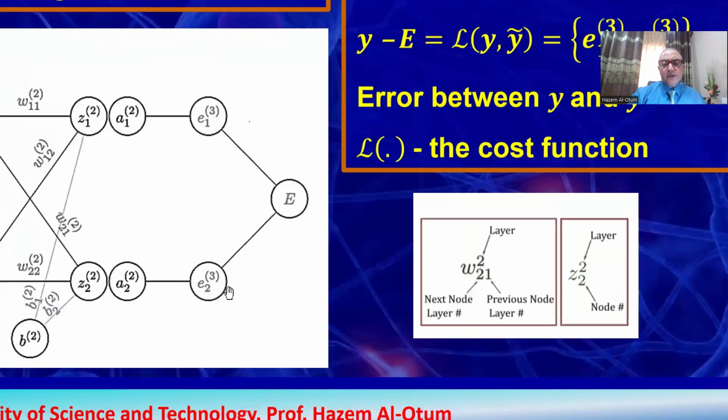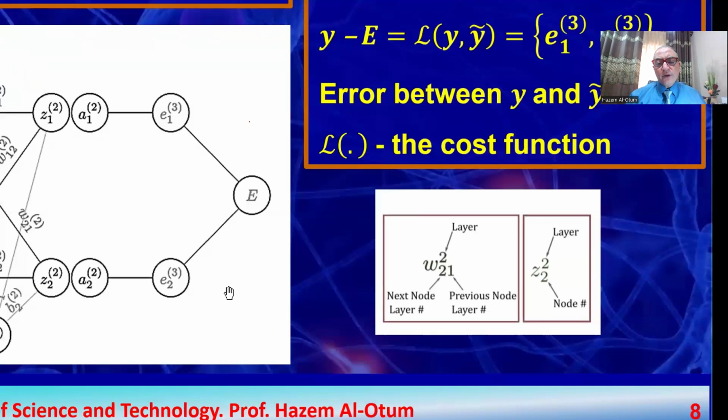If you look at the notation here, for example W21 with a superscript 2: W21 means that you use a weight that links the previous node, which means node 1, with the next node, node 2, in this layer.